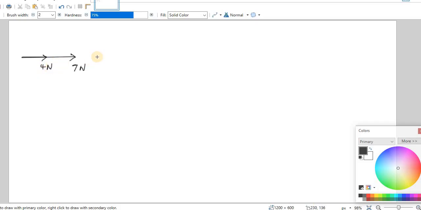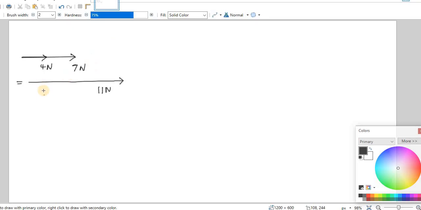So the resultant of this is the sum of both of these arrows. Remember, the length of the arrow represents the size of the vector. So this much long is 11 newtons. These two add up, they are in the same direction.